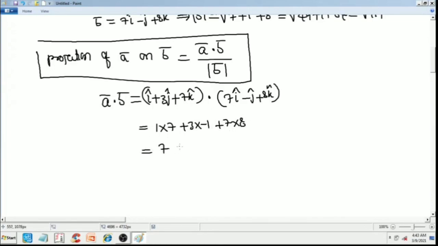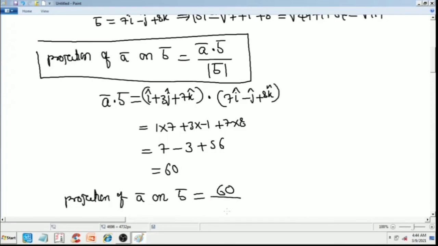So 7 minus 3, plus 56. Minus 3 plus 56 is 53, plus 7, 60. Hence projection of a on b vector is 60 by root over 114. That's all. This is the solution.